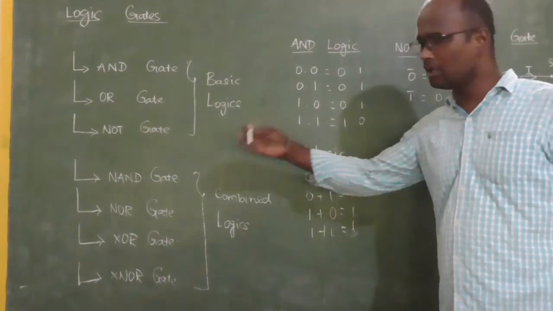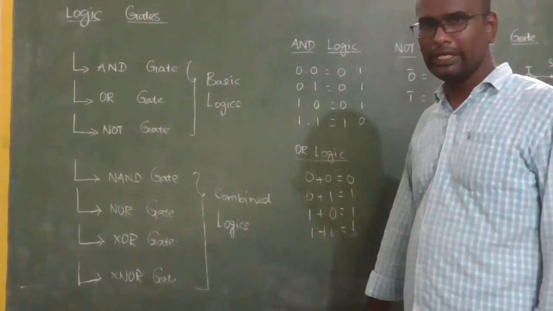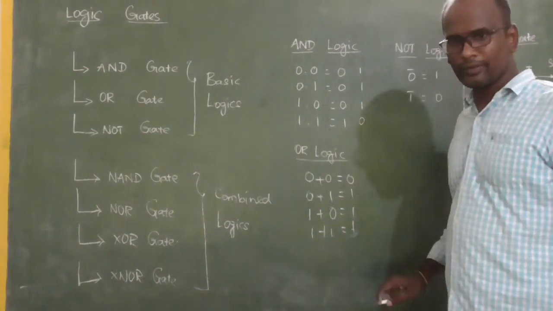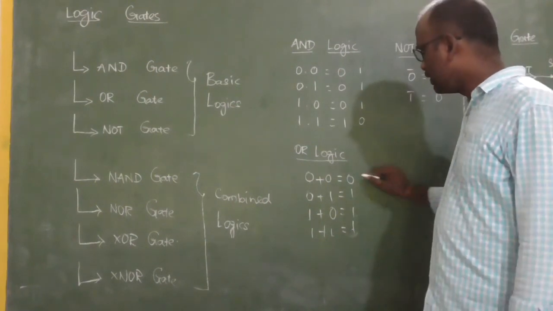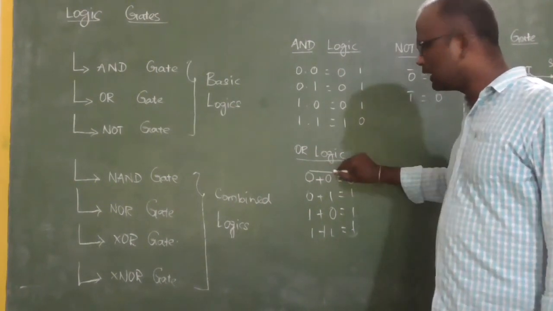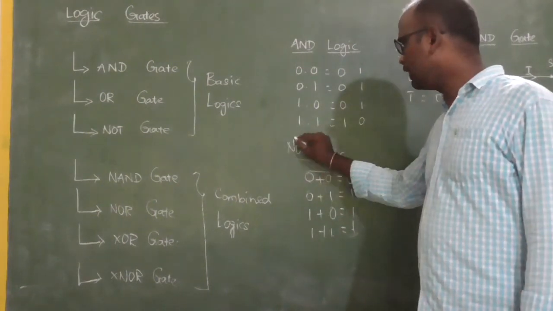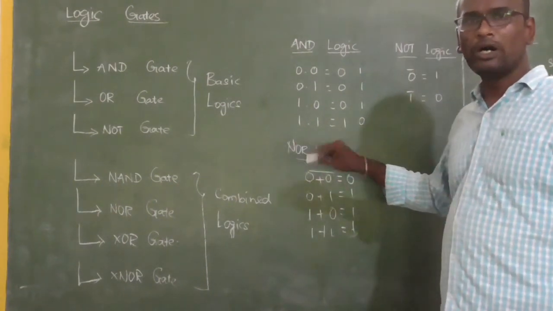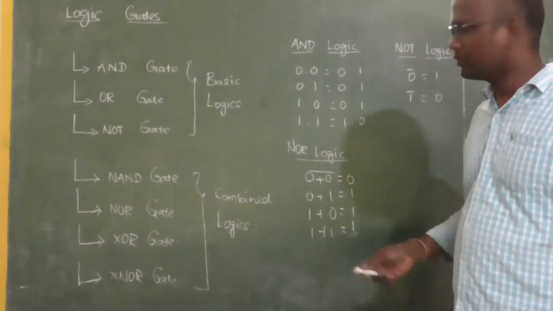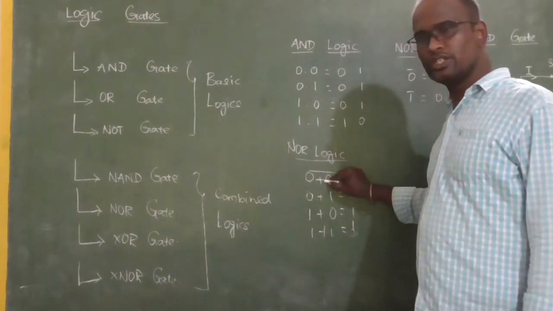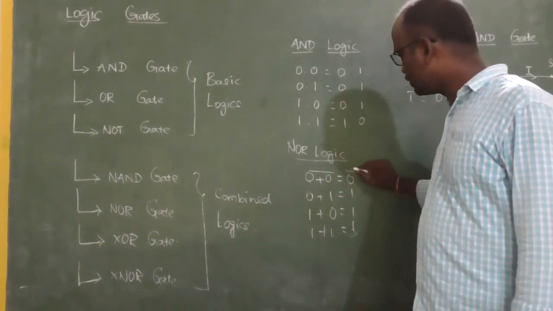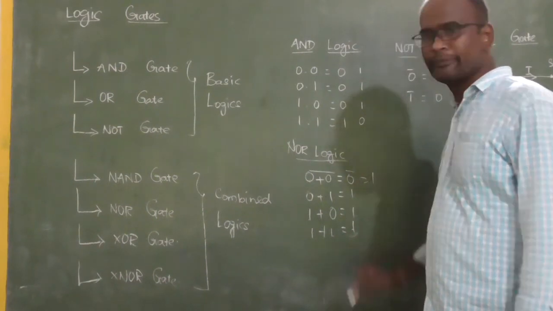Then what would be the logic of the NOR gate? It means the negative of OR logic. NOR means bar of OR gate. Understand? So (0 or 0) bar is equal to 0 bar, that is equal to 1.